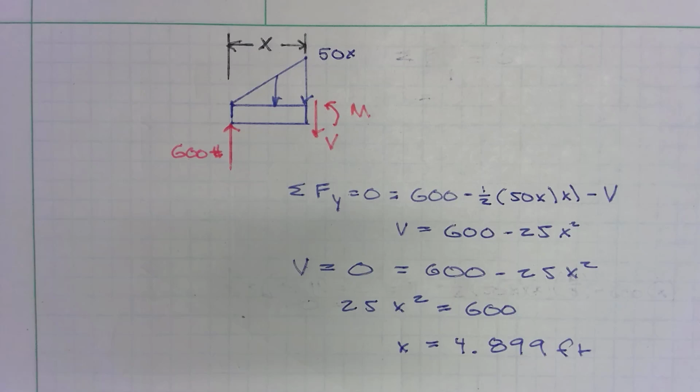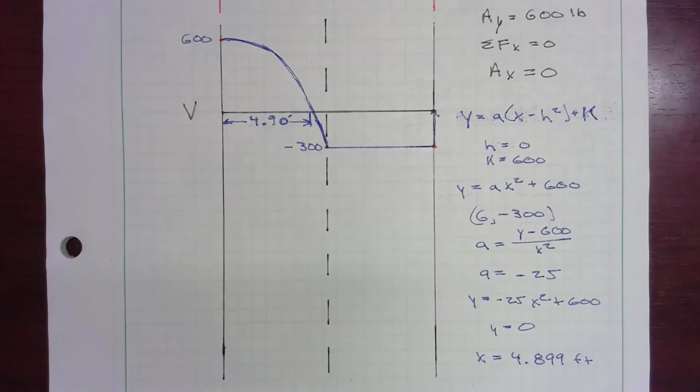So we set 600 minus 25x squared equal to 0, solve for x, and we get x equal to 4.899 feet. That is the distance over at which the shear crosses 0. So now we've got that down.